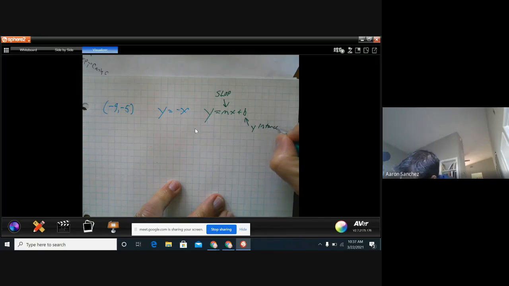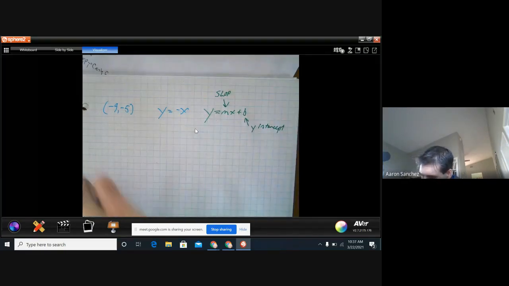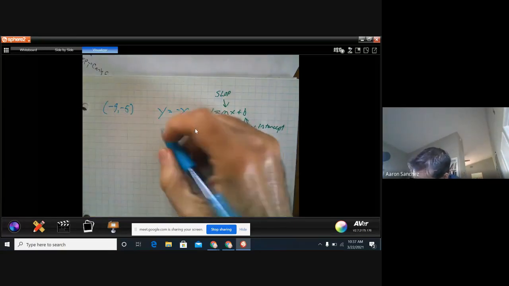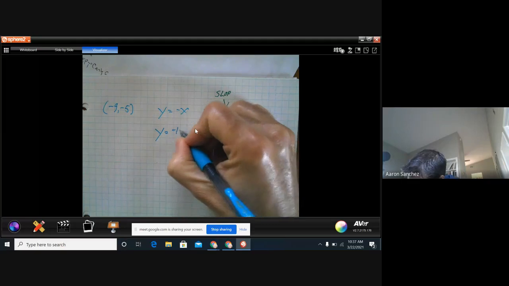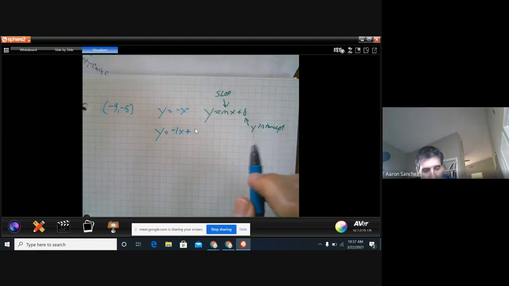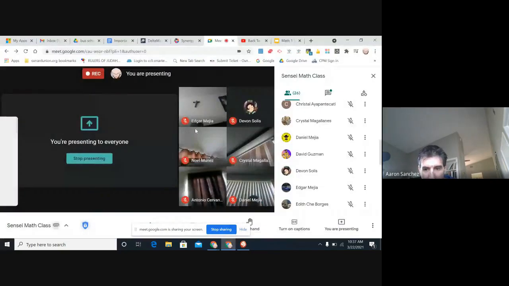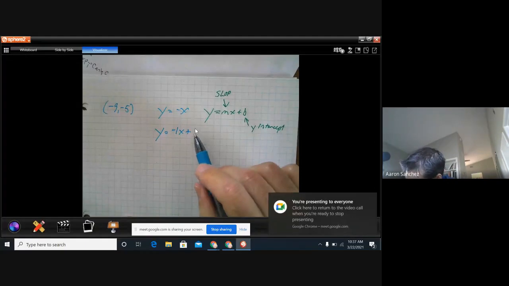Okay. Now let's make this look like this. So it's y equals negative x, but instead of an x, we can say negative 1x plus, what's my b? What's my b if it's not there? Edith, what's my b going to be if I don't have it here?